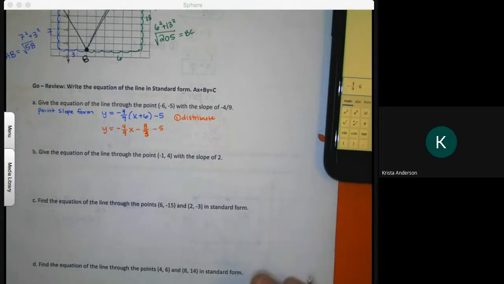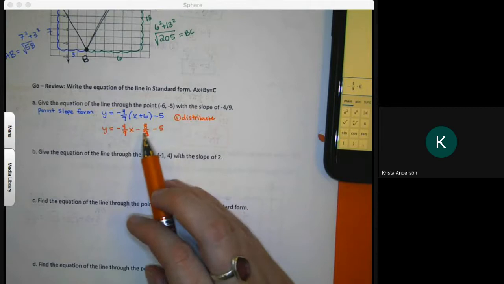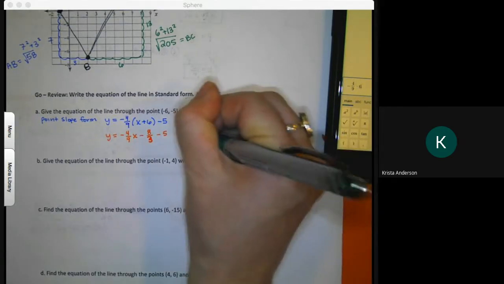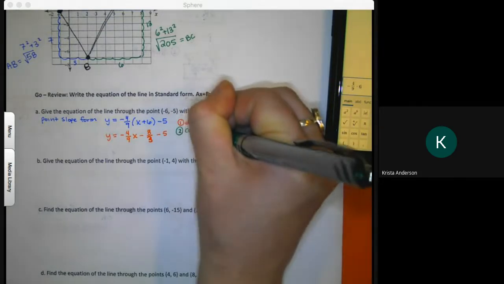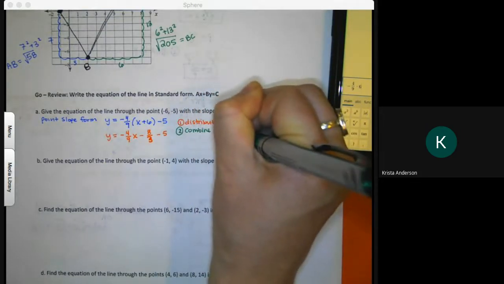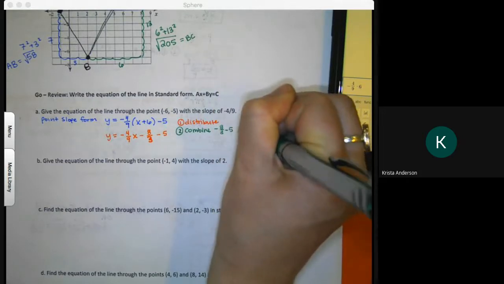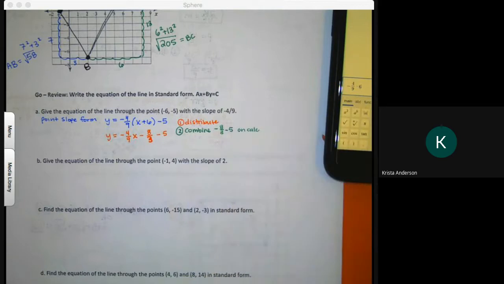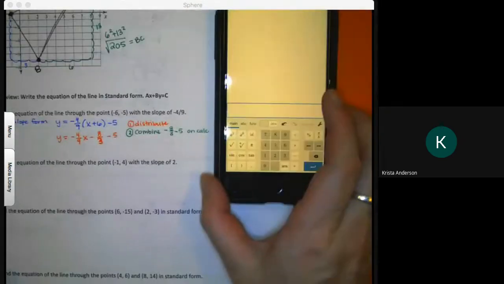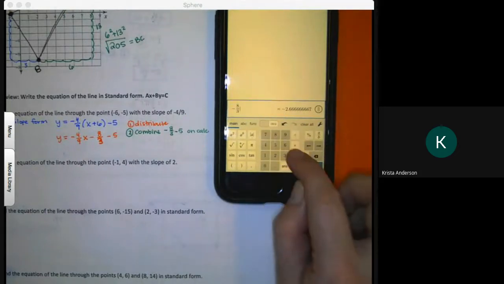How can I place these two together? I'm going to combine those. I'm going to do it on my calculator because most of you don't love fractions. Negative 8 over 3 minus a 5.